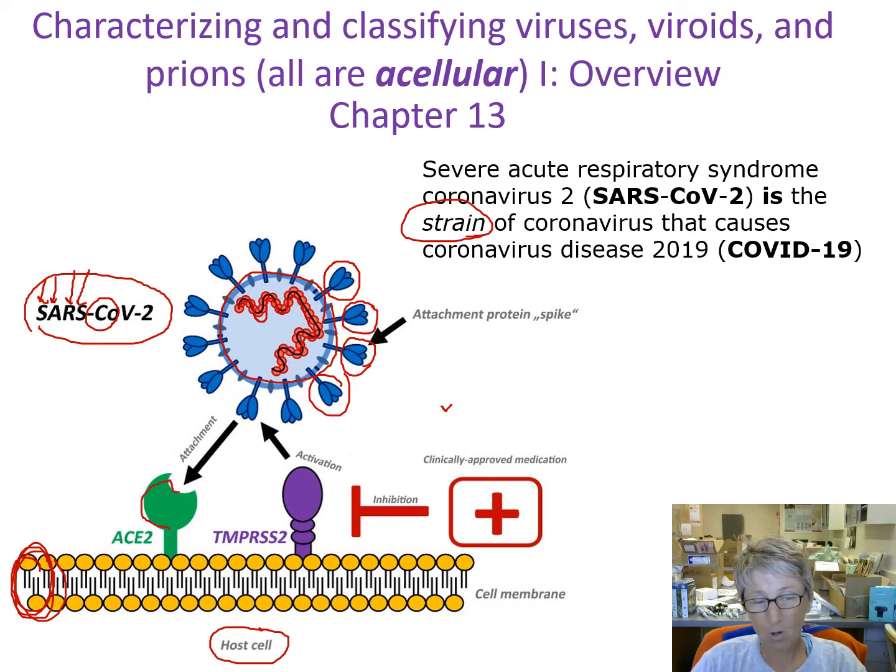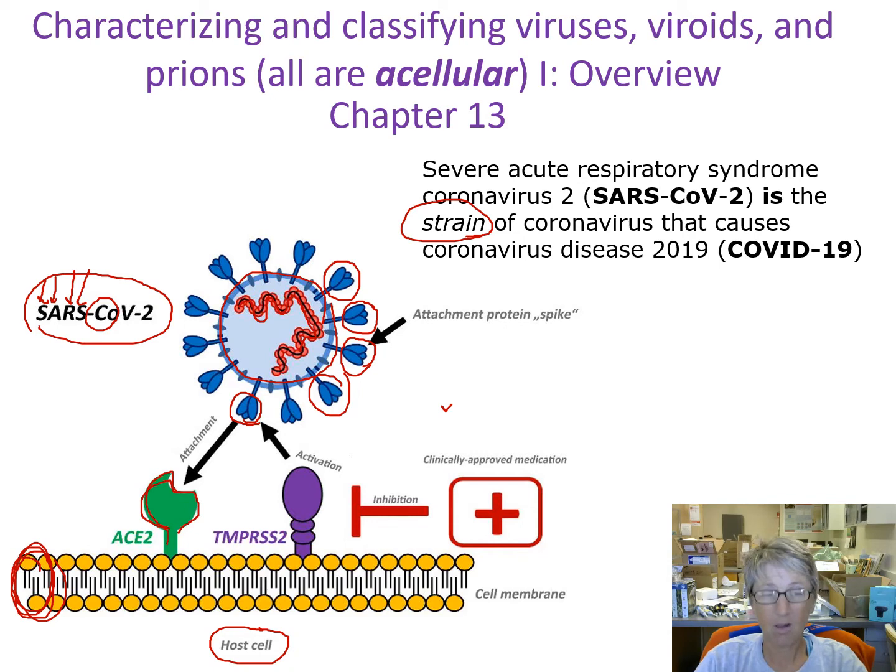This green one is called ACE2, and the purple one is TMPRSS2. These are receptors, they're proteins sticking out of the cell membrane of your respiratory epithelial cells, for example.